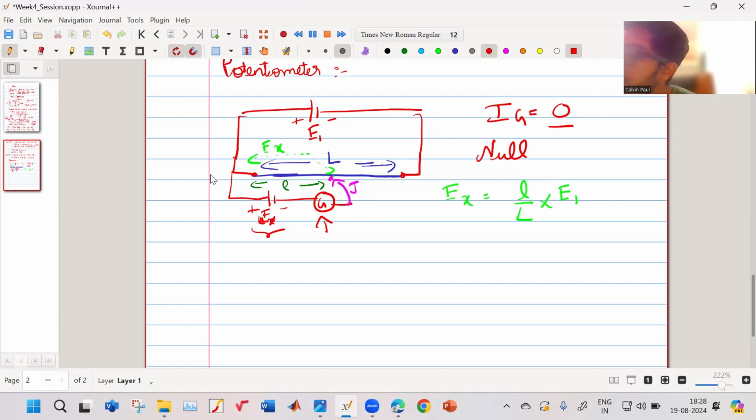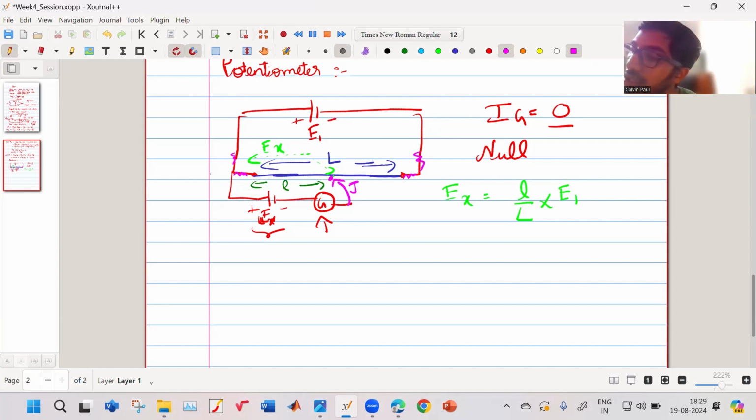Many things can happen. You could have a certain resistance drop over here, or over here, but we don't want it to be there, or we acknowledge that those resistance drops are there.